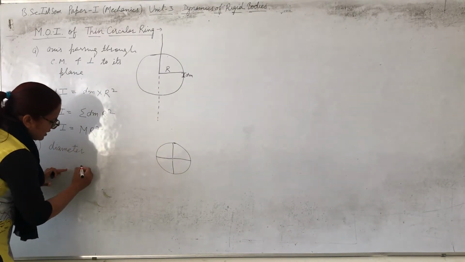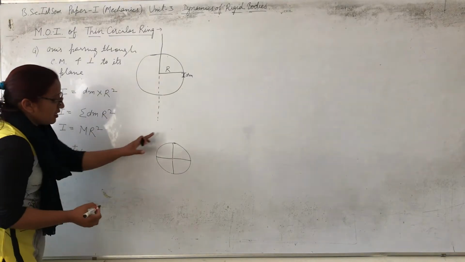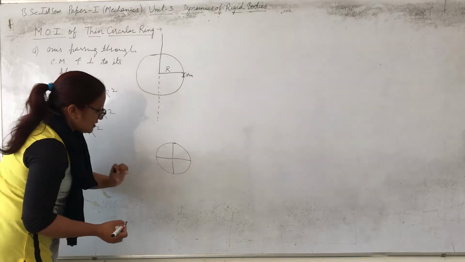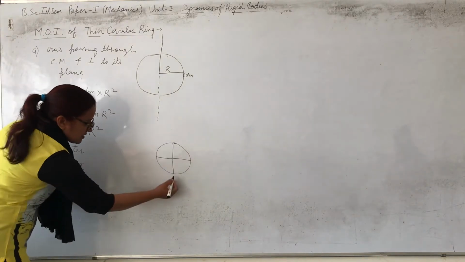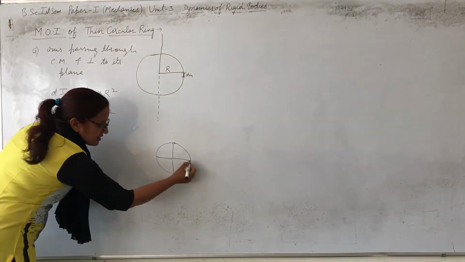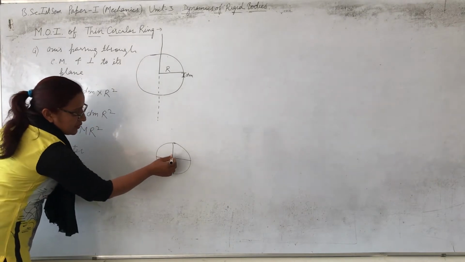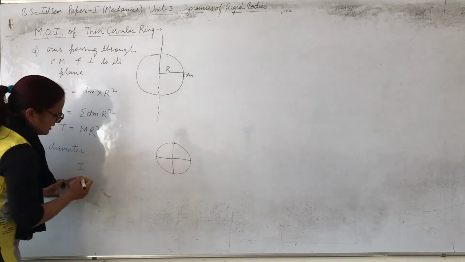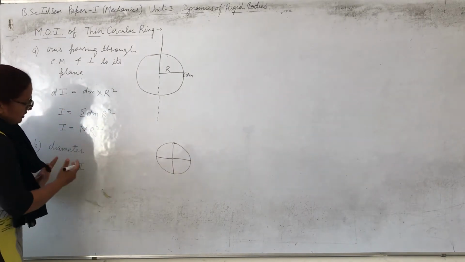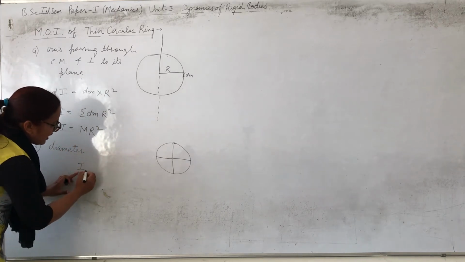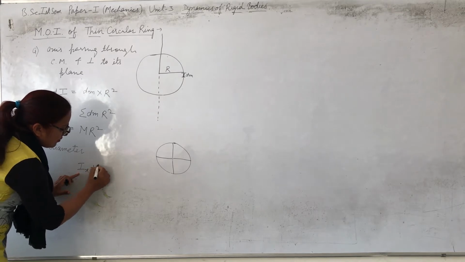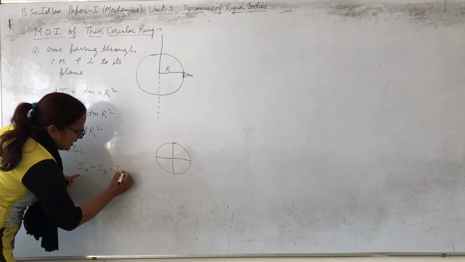Suppose this is x axis, this is y axis, and the perpendicular to the plane will be the z axis. By the theorem of perpendicular axis, it will be Ix plus Iy equals Iz.